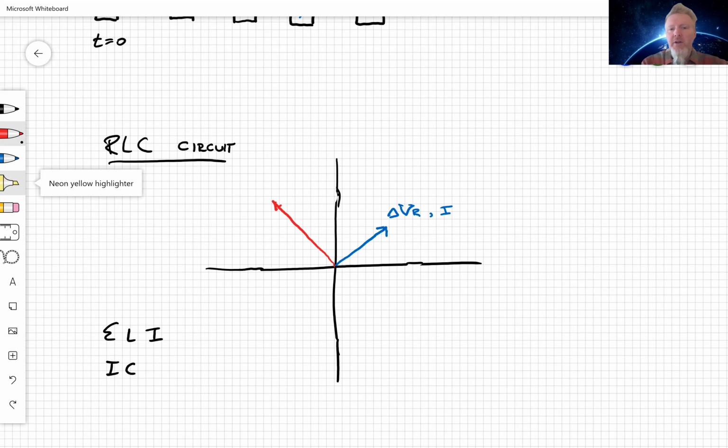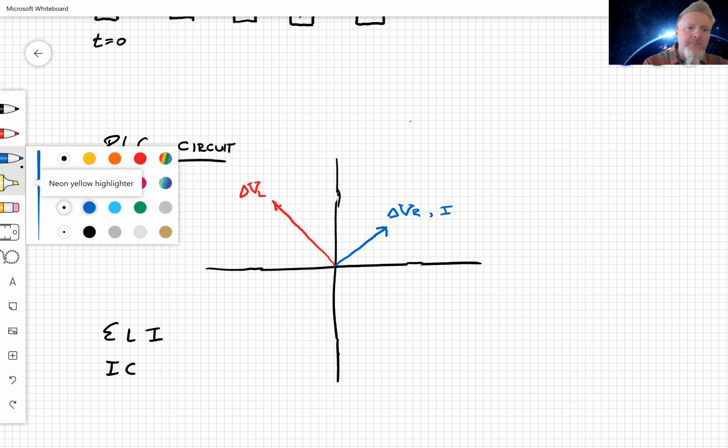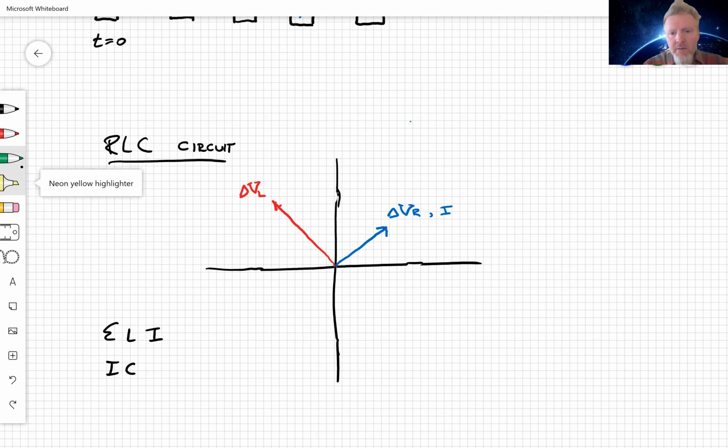Okay, for no reason at all, I'm just going to draw a really large delta VL here. Now here's a delta VC, and for just some reason, I'm going to draw that less.